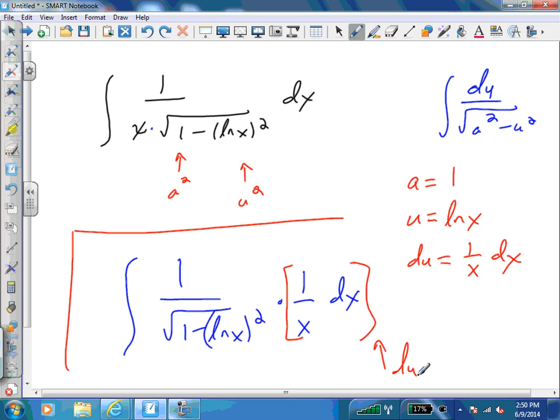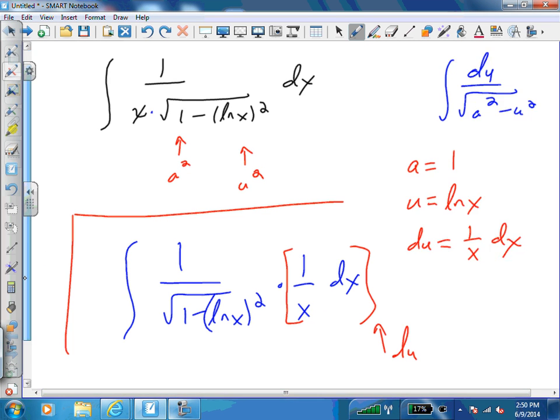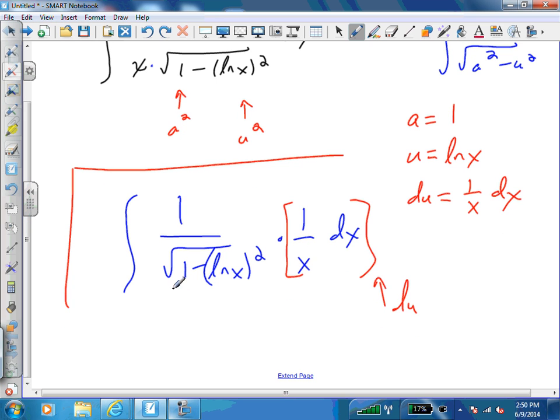So that's du over the square root of a squared minus u squared.